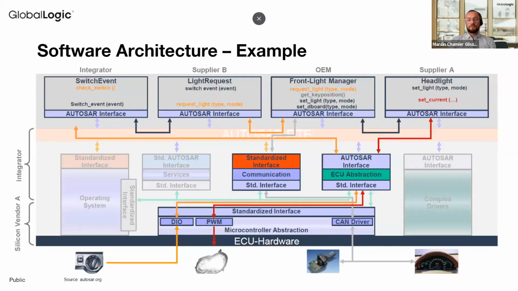So as in the example before with the car lights, in the past we had a simple on/off switch for the car light. In current cars, we have the AUTOSAR classic platform for ruling the light. In the coming years, we will have additional parts from AUTOSAR Adaptive, which will be connected to the AUTOSAR classic platform to say exactly which part of the light LED has to be turned on.